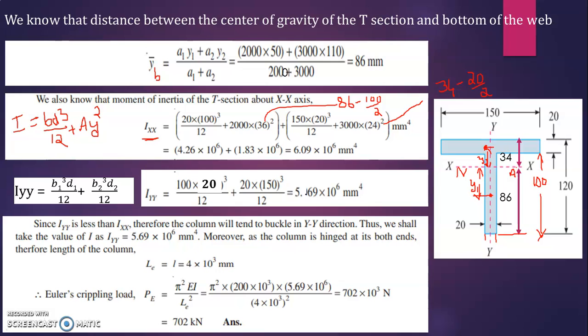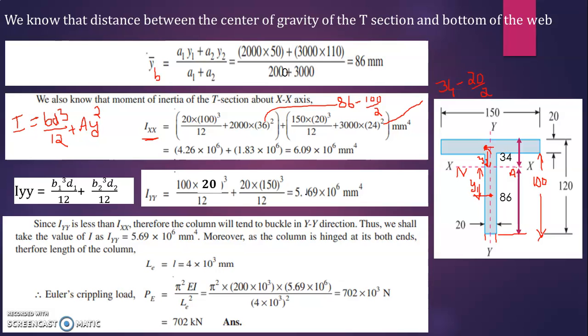The main thing in the T section is that you have to find I. How can you find I? You should know the formula BD cube divided by 12 plus AY square. For that, you require y. So you have to locate and find that y. For that, first you have to locate the position of the neutral axis. How can you find the neutral axis?